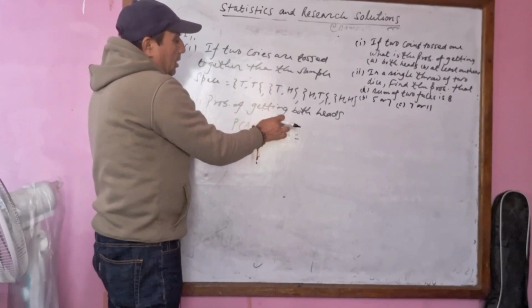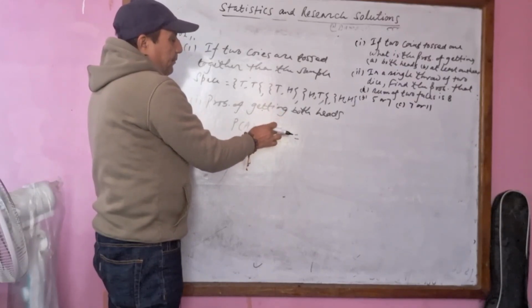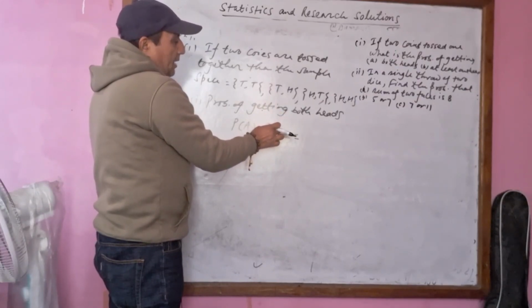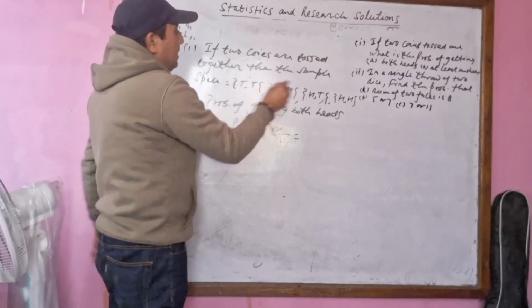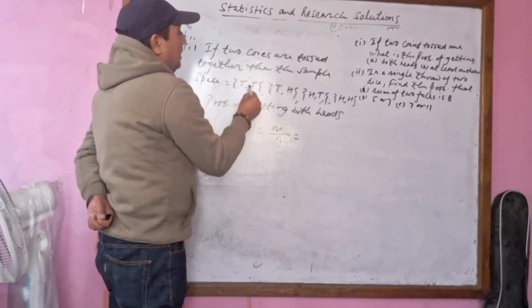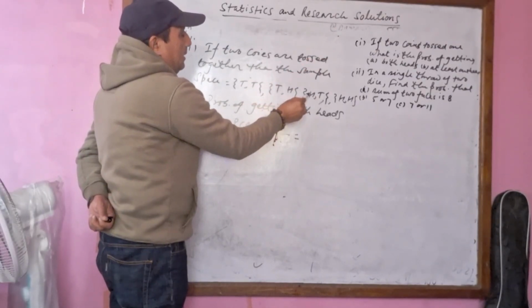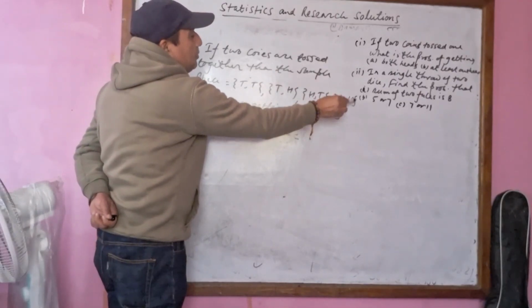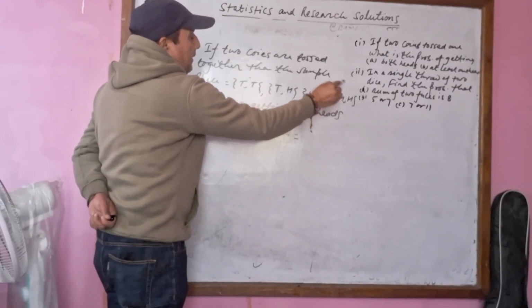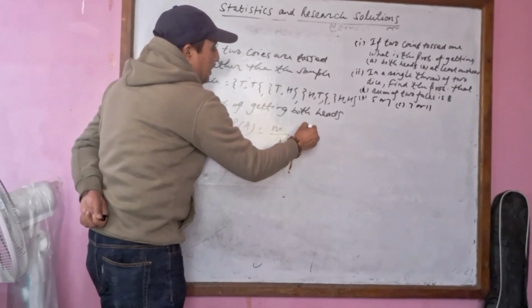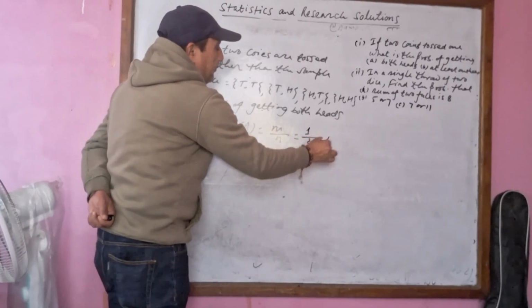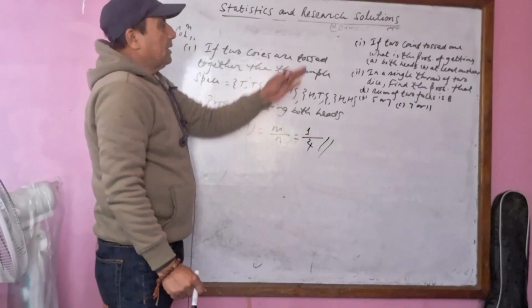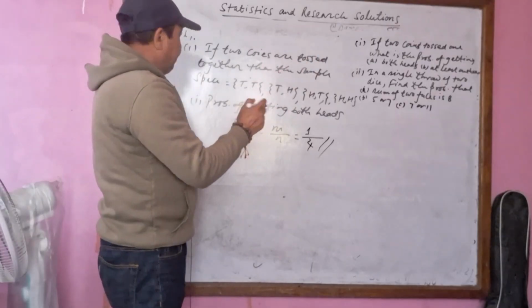Both heads means this one, only one case. So the favorable number of cases is 1 and the total number of cases is 4. This is the probability of both heads.